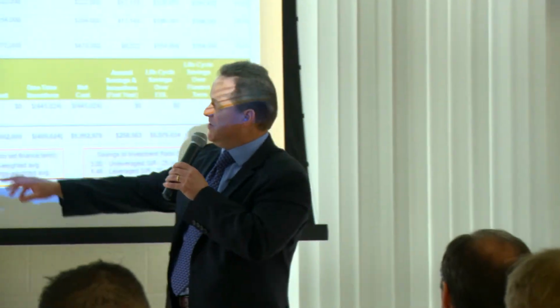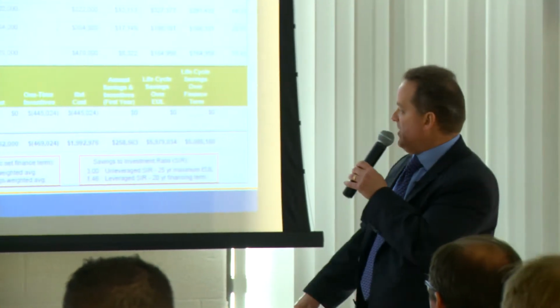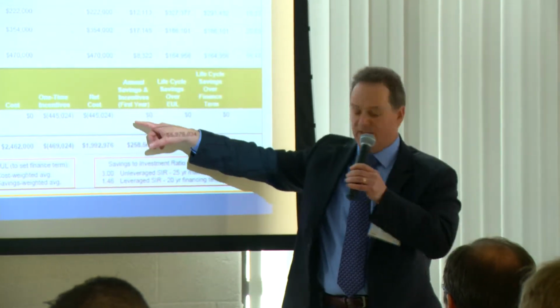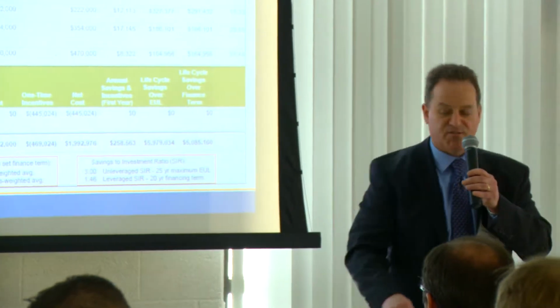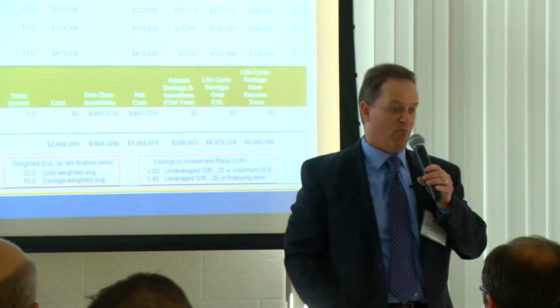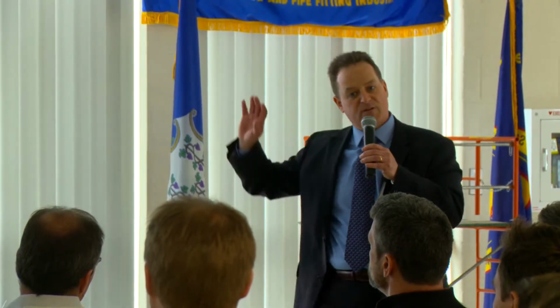We have this notion of ECM-related cost and savings. And you'll see here, we'll drill down on an example of this I have in the scenario reporting, is an annual savings and incentive. So we'll put a value in there, and then we're going to put a term on there for the REC. Typically the RECs are 15 years, and we want to treat it that way.